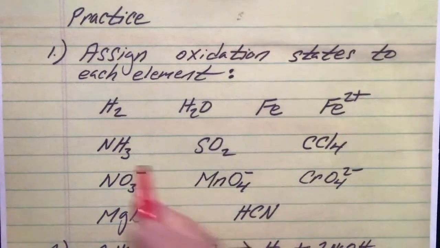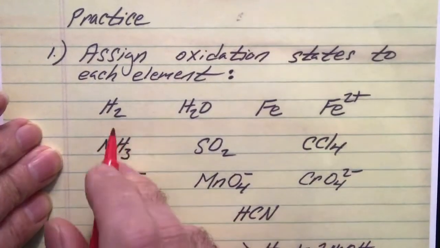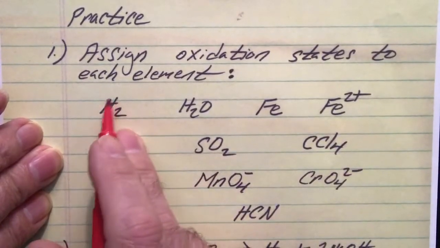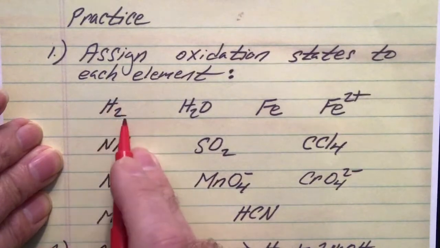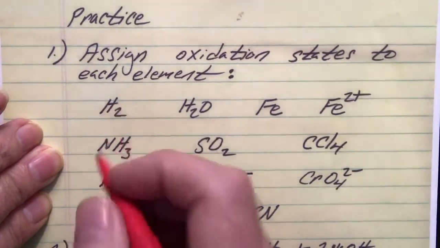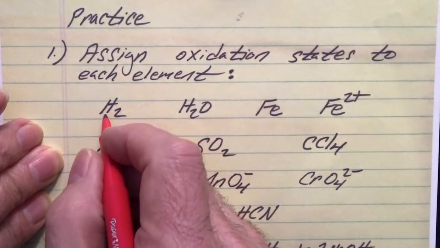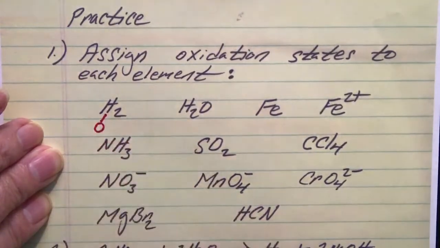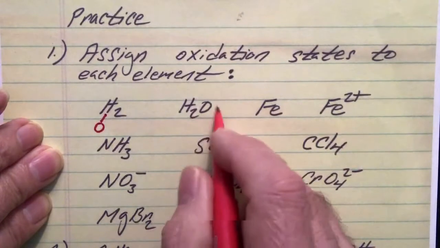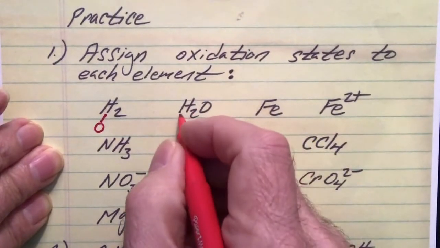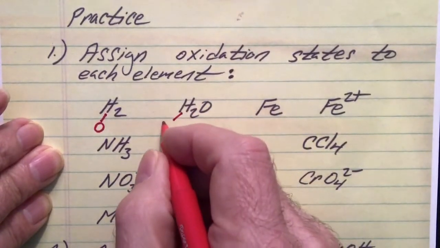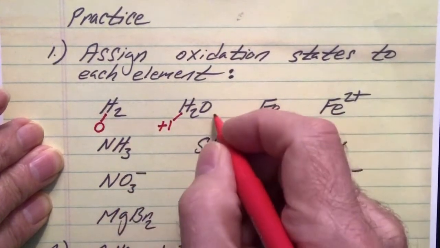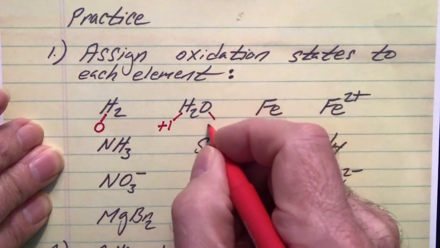All right, so we'll do one at a time here. Hydrogen in a compound is a positive 1, but an atom in its elemental state, hydrogen being diatomic, its oxidation state will always be a 0. Now hydrogen in a compound will almost always be a positive 1, and oxygen will be a negative 2.